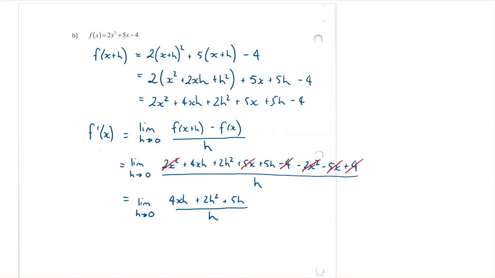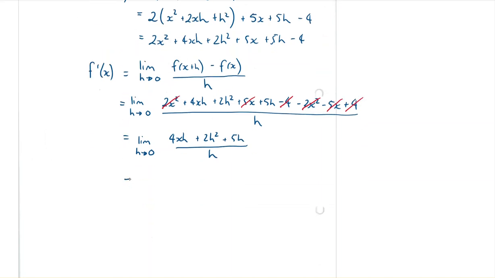Because this one has 3 terms on the top, I need to factorize out an h first, so I can do that. So let's factorize. Limit as h approaches 0, bringing an h out the front, I will get 4x plus 2h plus 5 all over h. Okay, and then h on the top, h on the bottom, the denominator, they're cancelled out.